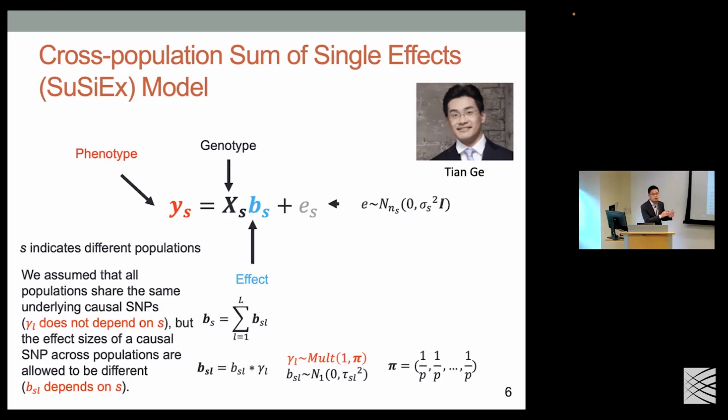Also, B could be 0 or even close to 0 in some populations, which looks like it's population specific. Yeah, but we will show this later. These assumptions will not affect our model too much. We'll show this later. Good question. Thank you.